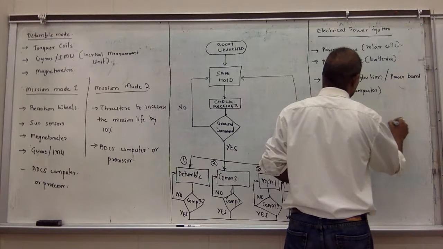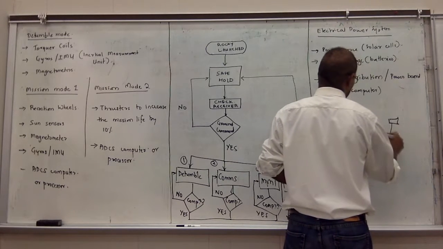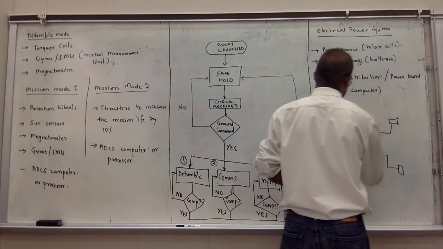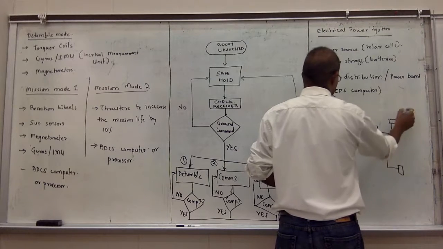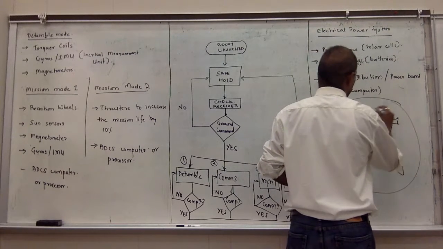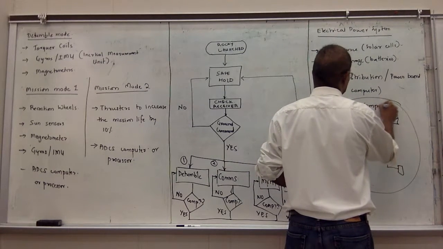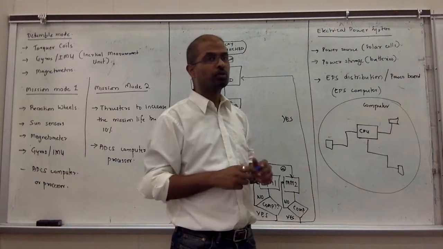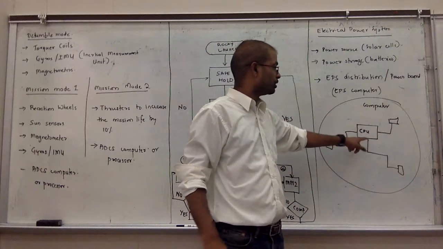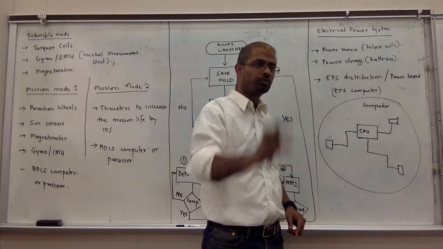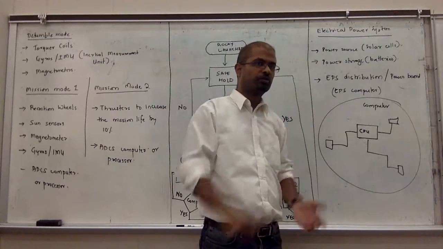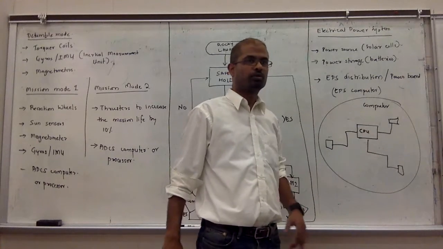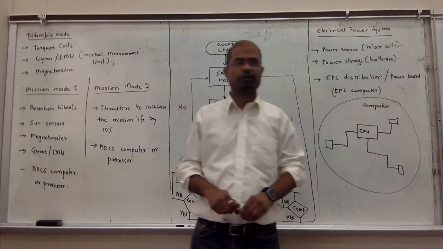It is connected to other small chips, and this makes the computer. It's like the motherboard. The motherboard is like the computer. The CPU is that one chip which is put in the center. So this is the processor. This whole thing is a computer.